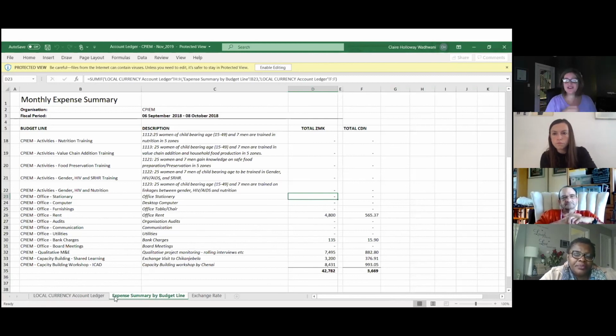Now, if you're using accounting software, you can pull a report for each budget line or each account and do the same thing. If you're using Excel, you just have to use these Excel formulas to set up the expense report, or the roll up of your expenses, into whatever view you need to see.